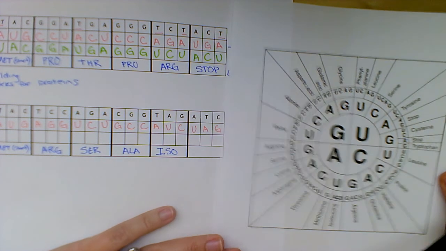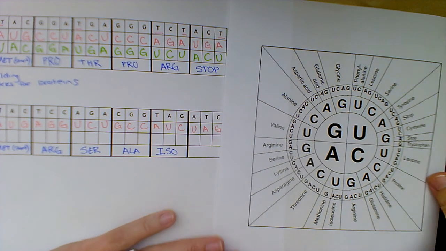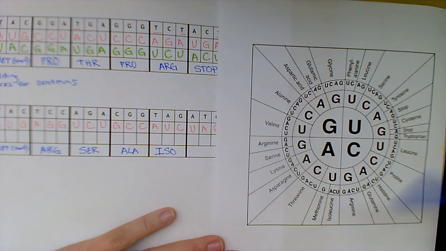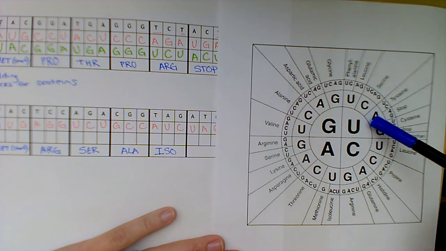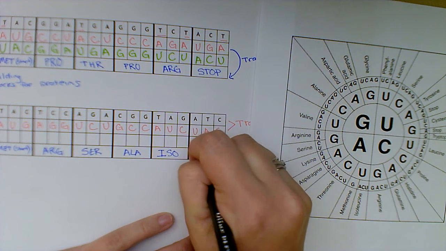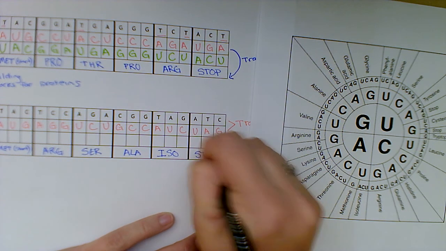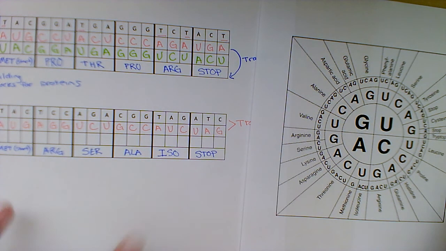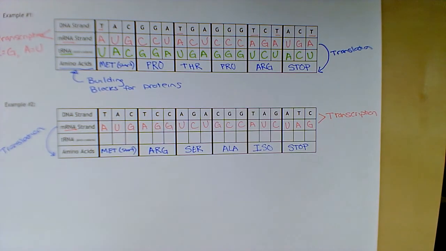And lastly, UAG. Looking at my codon chart, UAG. Yay, it's my last codon, and it was a stop codon. Again, other ways to check: if you're not starting with a start and ending with a stop, you are probably looking at your wrong line.